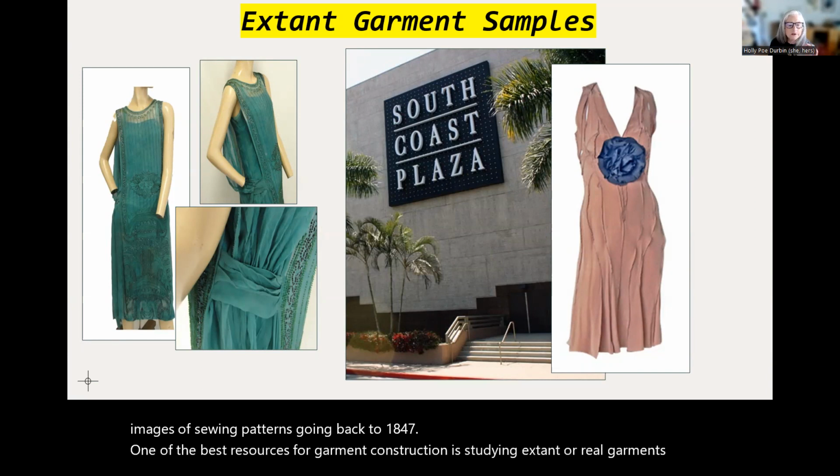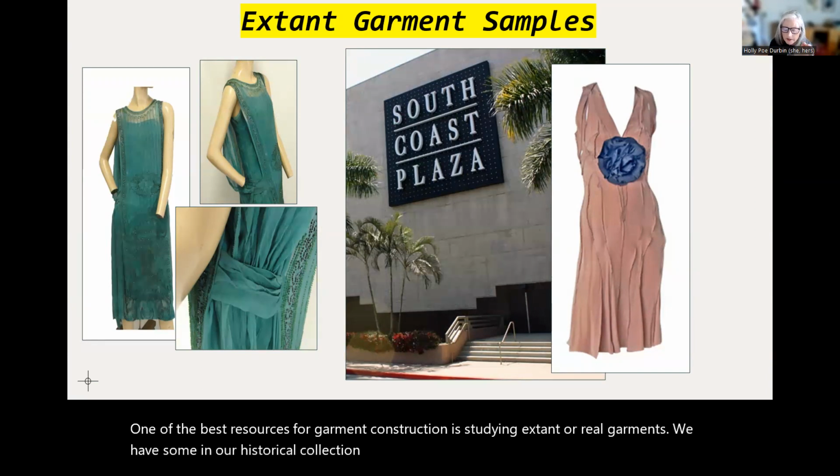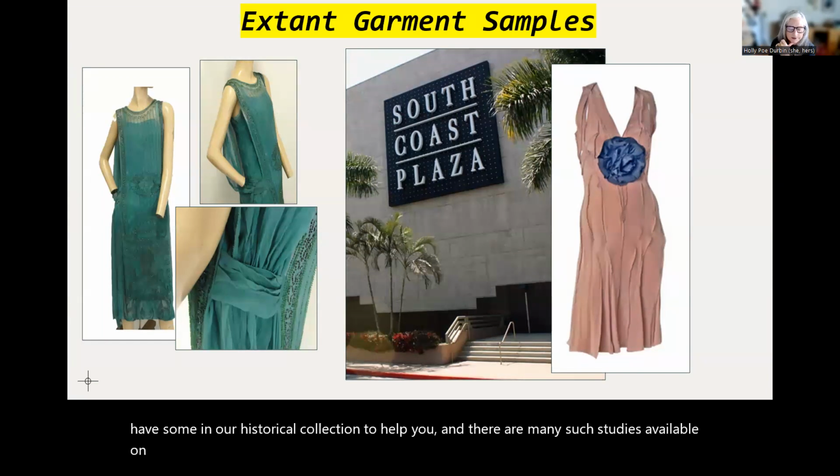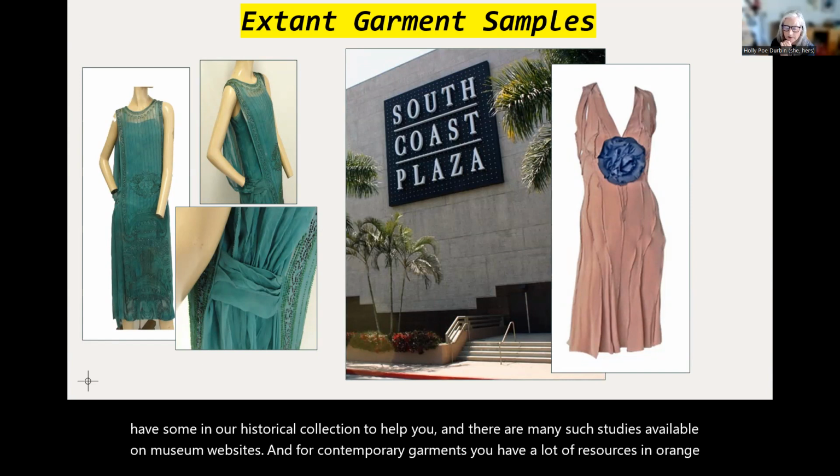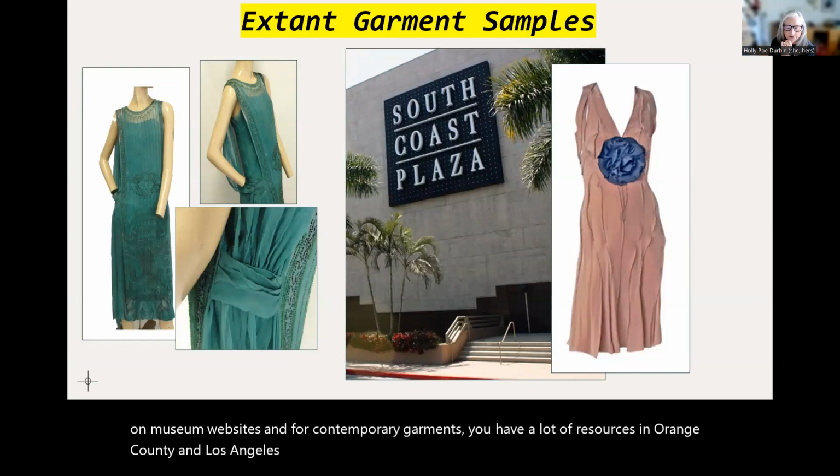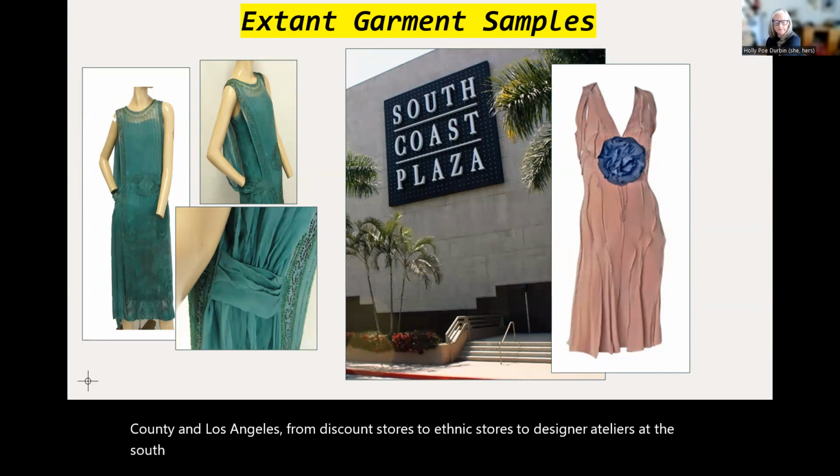We have some in our historical collection to help you, and there are many such studies available on museum websites. And for contemporary garments, you have a lot of resources in Orange County and Los Angeles, from discount stores to ethnic stores to designer ateliers at the South Coast Plaza.